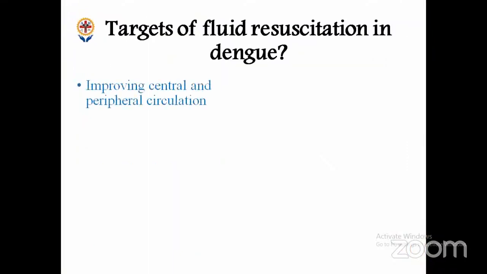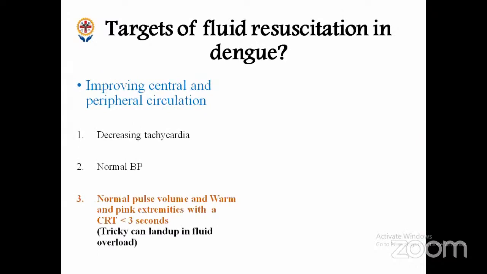The targets of fluid resuscitation in classical teaching are decreasing tachycardia, normal BP, normal pulse volume, warm and pink extremities, CRT less than 3 seconds. Especially this last statement is very tricky. We will chase this statement and run behind it for giving more fluids, and we will definitely land up in fluid overload. So in my experience over the last 7 to 8 years, I never run behind pulse volume and extremities.